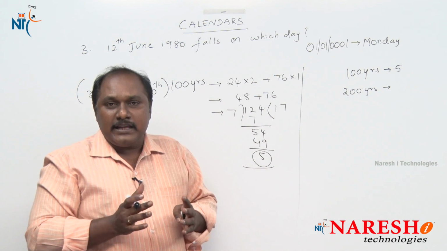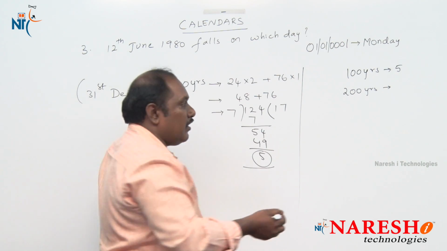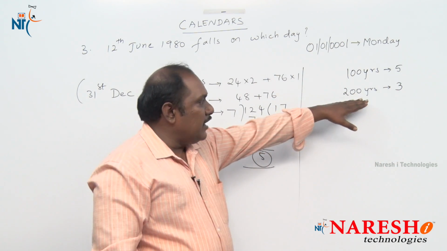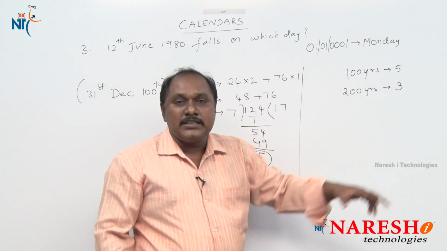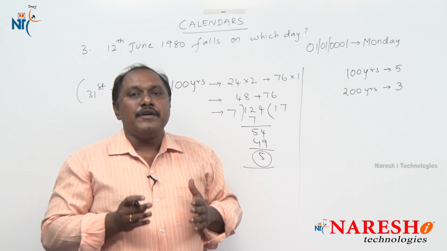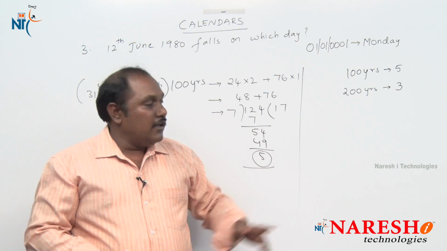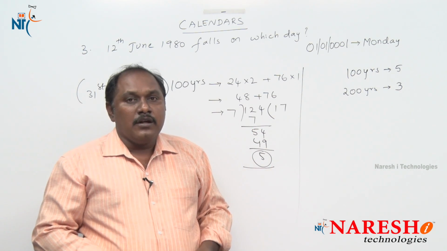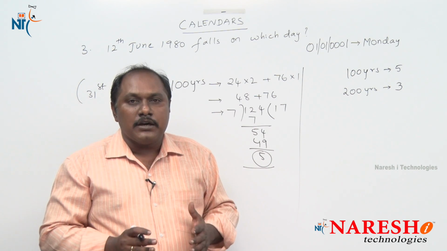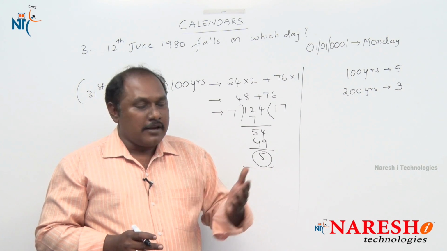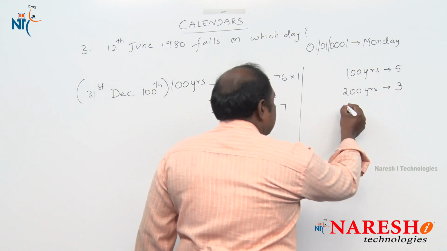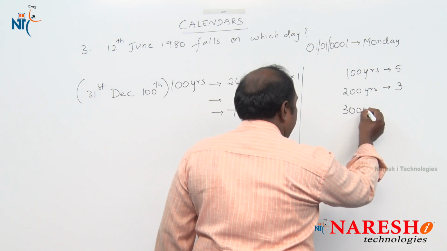So from those 10 days, if I remove 7 days, we are left with 3 days. So the first 200 years will have 3 odd days. When I say the first 200 years, it is till 31st December of the 200th year, we have 3 odd days. So according to the calendar, 31st December of the 200th year should fall on Wednesday: Monday, Tuesday, Wednesday, 3 odd days. Now let us find out how many odd days 300 years have.